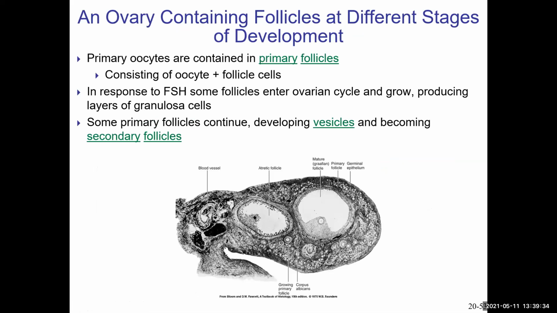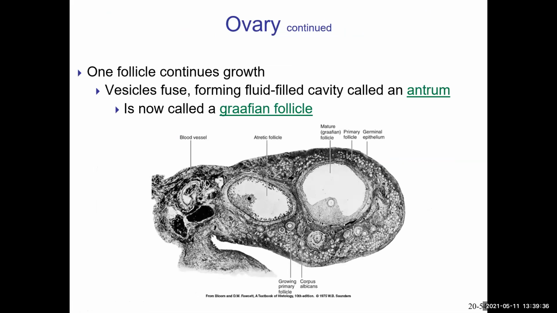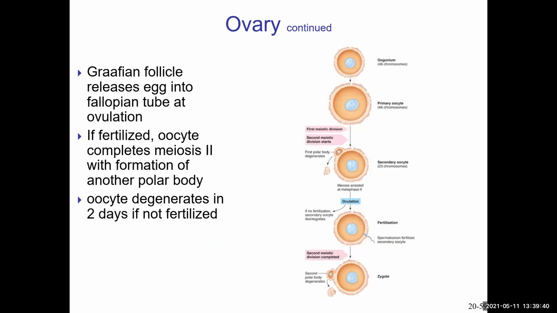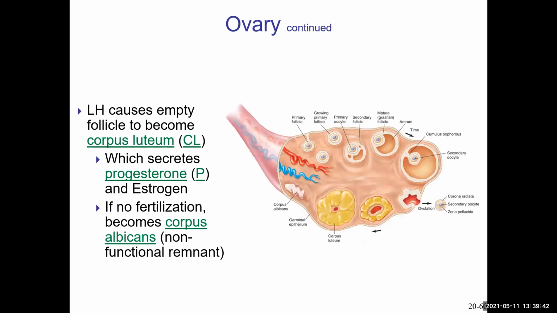So let's talk about the ovarian cycle. These are all explained here. I'm going to talk about this first, and then I will come back. So this is the diagram of the ovary. This is the ovarian artery, and this is the ovarian vein.